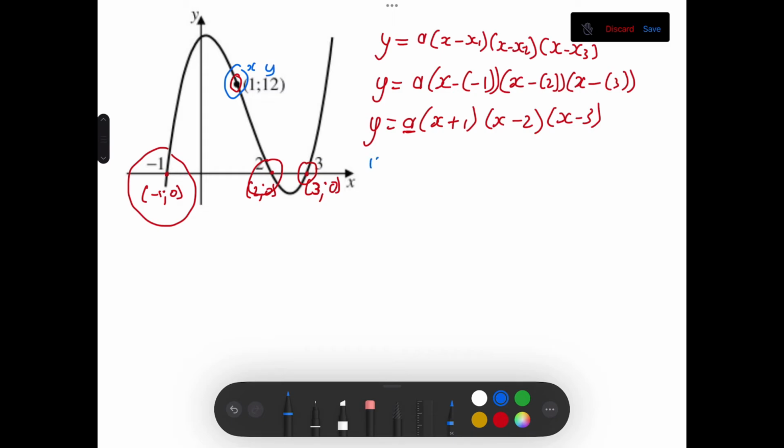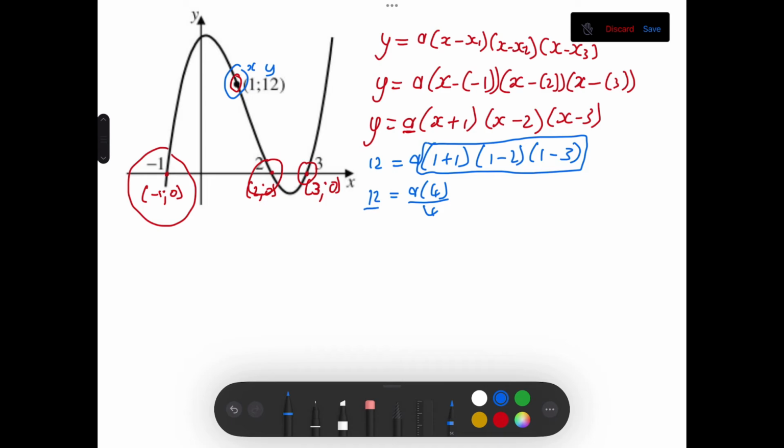So we substitute 12 in the place of y and 1 in the place of x. 1 plus 1, I know that sounds like a baby one. So 1 minus 2, and then 1 minus 3. Okay, so you put the back side in the calculator and you see that 12 will be equal to a bracket 4. If you put that in the calculator, it gives you 4, so divide by 4 both sides. a is therefore equal to 3.